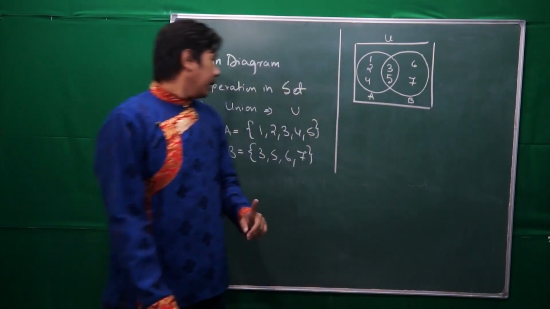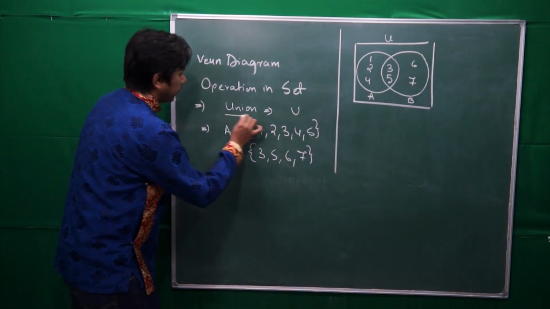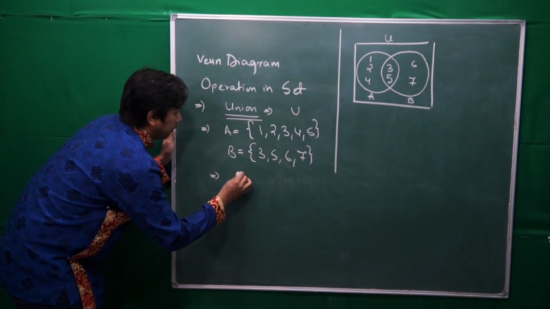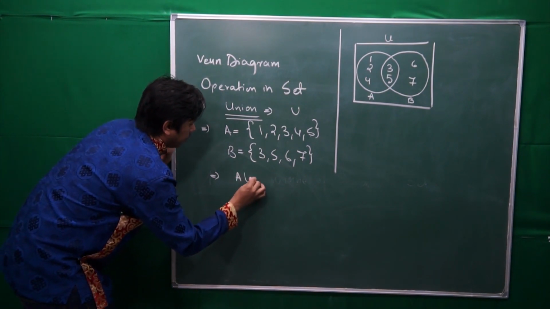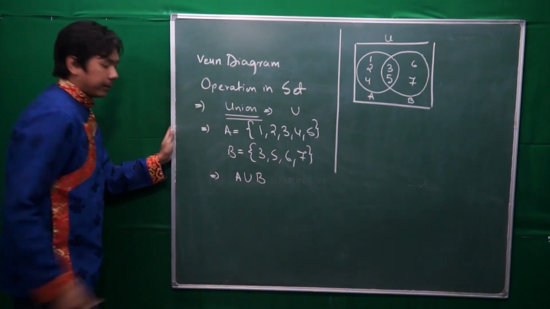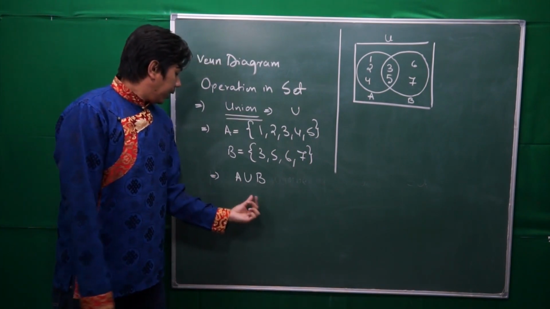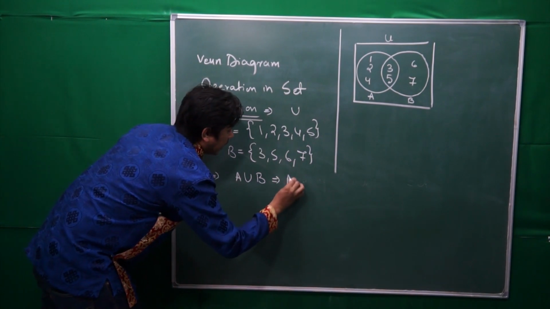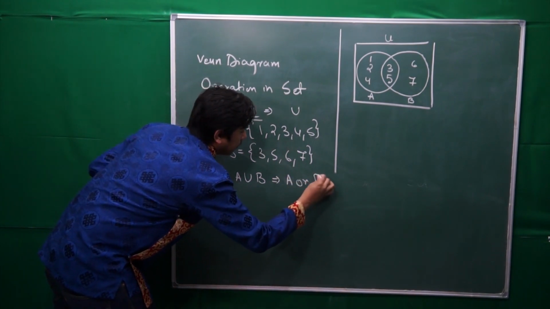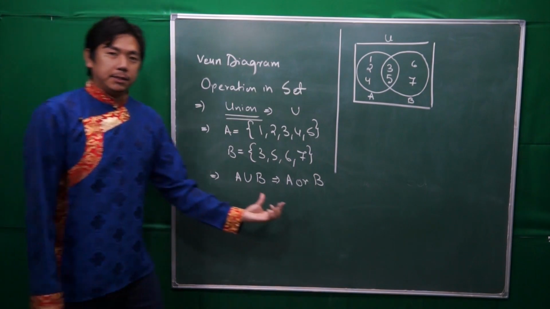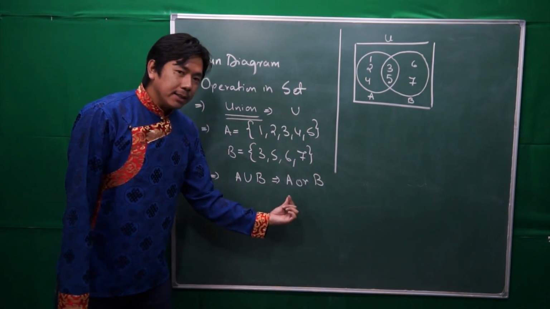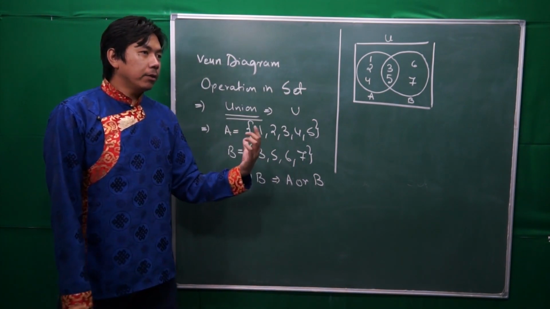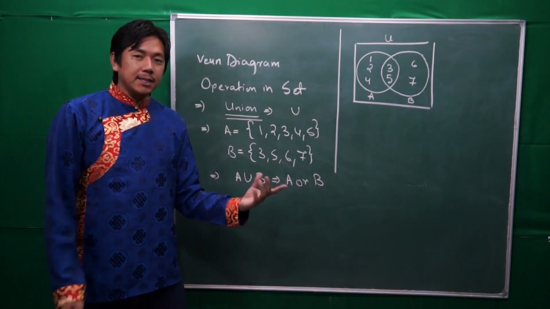The one thing that we were talking about was the union. So how do we represent it? We represent A union B, which is also stated as A or B. In computer science, students always use the OR symbol, and we know that the OR symbol represents addition.